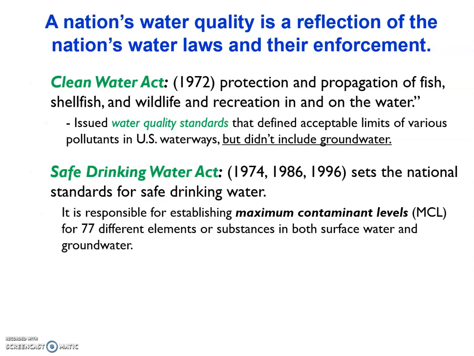And what they did was look at 77 different elements or substances that may be found either in surface water or in groundwater that's used as drinking water, and they set maximum contaminant levels, MCLs, maximum limits at which, if the water exceeded those maximum contaminant levels, then that water would be in violation of the Safe Drinking Water Act, and the public would need to be notified.